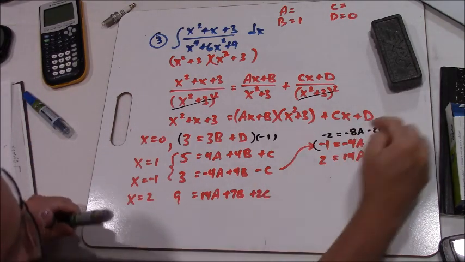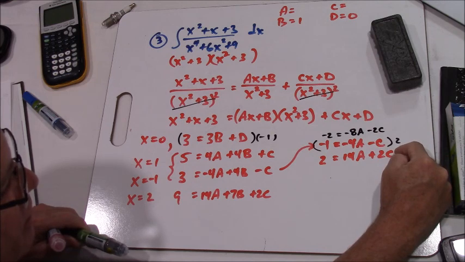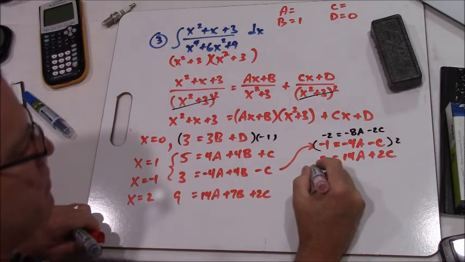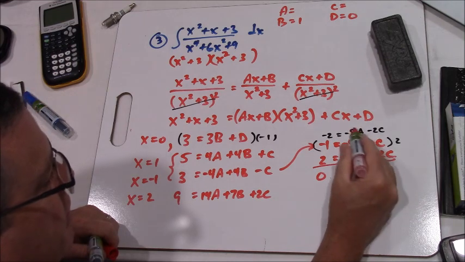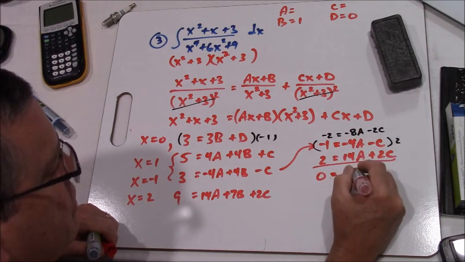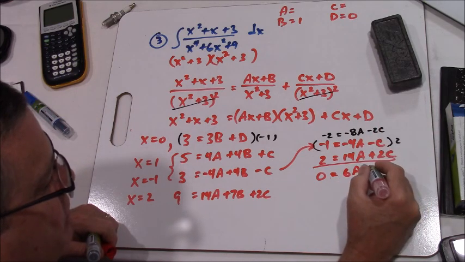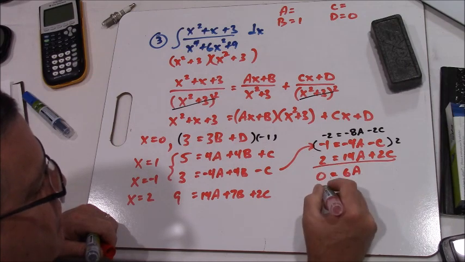And so now I'm going to add the equation written here in black to the equation written in red down here. So when I add the negative 2 to positive 2, I get 0. Negative 8a plus 14a is going to be 6a. And negative 2c plus 2c, that's going to be 0. So divide by 6, a equals 0.